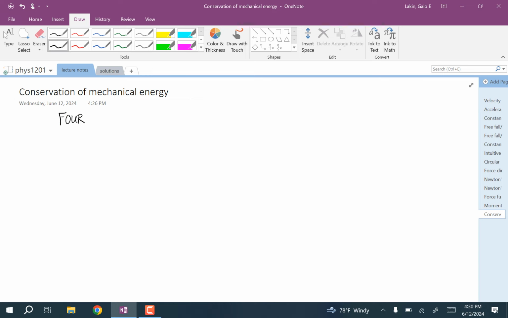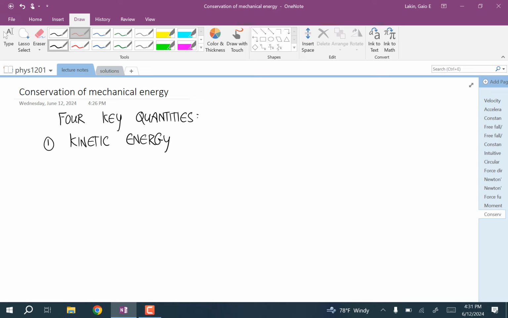Okay, so the four key quantities. Well, one isn't a quantity. I don't know, let's call it that. The first one is the kinetic energy. I'm going to go into all these definitions pretty soon.